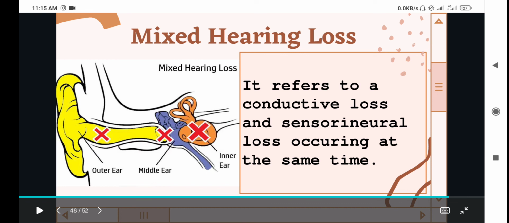Last, we have the mixed hearing loss. It refers to a conductive loss and sensory neural loss occurring at the same time. Sometimes people can have a combination of both. They may have a sensory neural hearing loss and then develop a conductive component in addition.